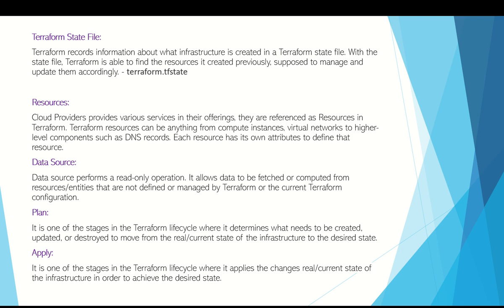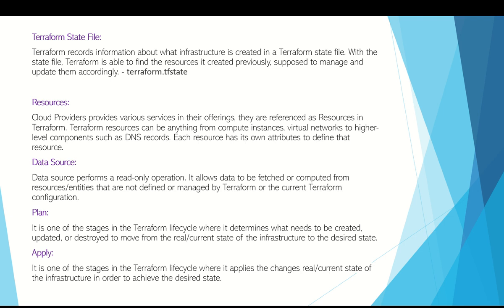Next is plan. It is one of the stages in Terraform. As we discussed before, when you want to build the infrastructure, before that we'll execute terraform plan, and you will provide a file name, so that it will generate the plan and make it ready for you.